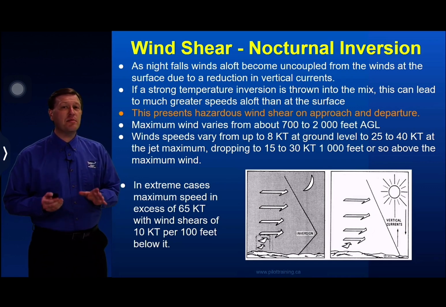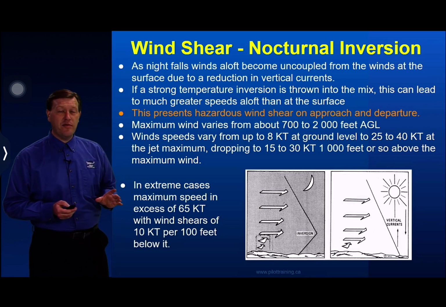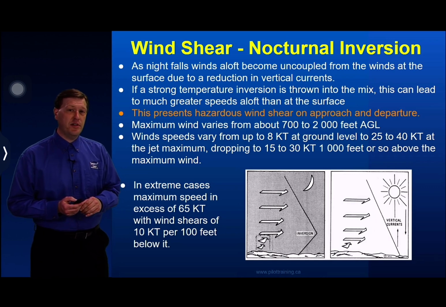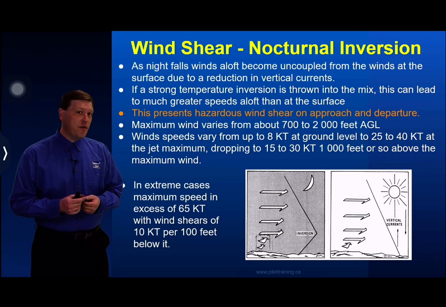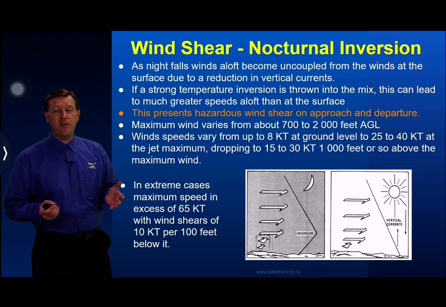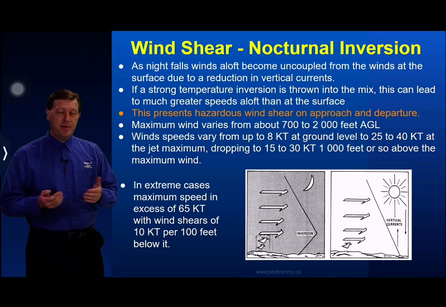It can be very surprising. And again, at night, you might want to be aware of whether the conditions are going to be conducive for such an inversion. If I've got an inversion developing and I've got a clear, brightly starlit night, the odds of this occurring when I'm night flying go up.